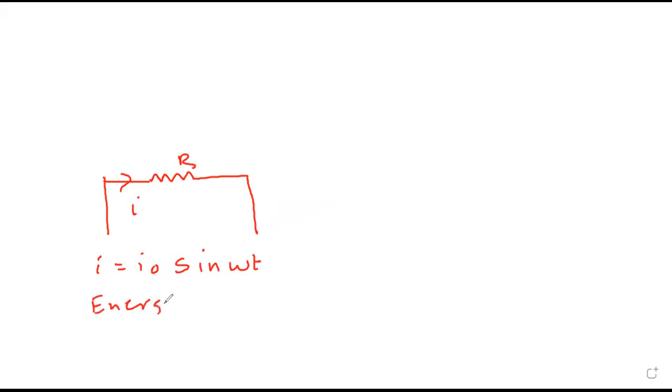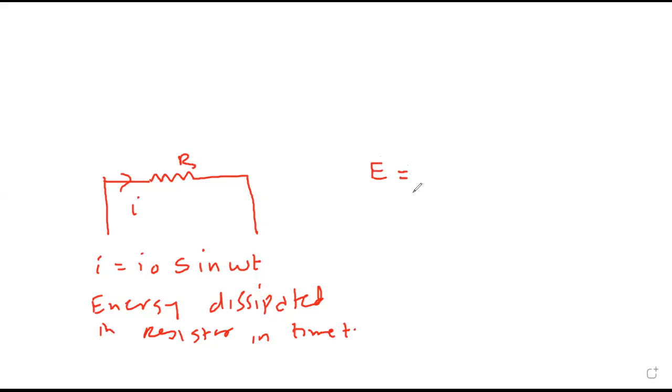What will be the energy dissipated in the resistor for time t? I square RT. Yes. In time t, energy dissipated, I can say E equals I square R into t.